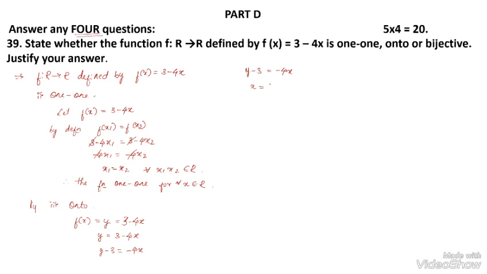Taking minus 4 to this side, it becomes y minus 3 divided by minus 4. Taking minus common, it becomes 3 minus y divided by 4, which belongs to the real numbers. Therefore, the function is onto.